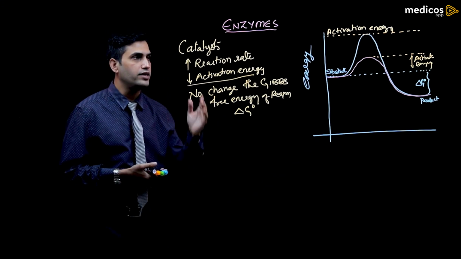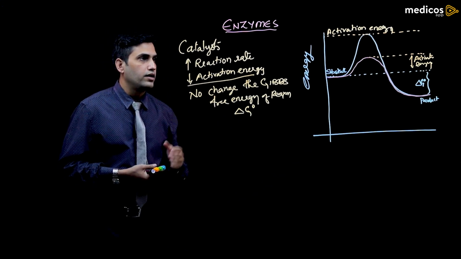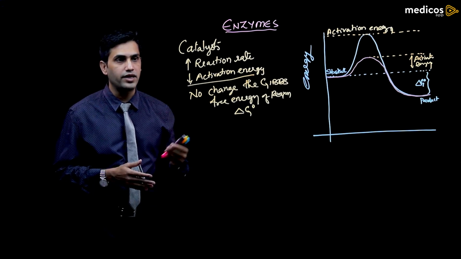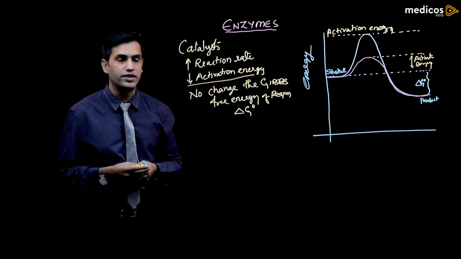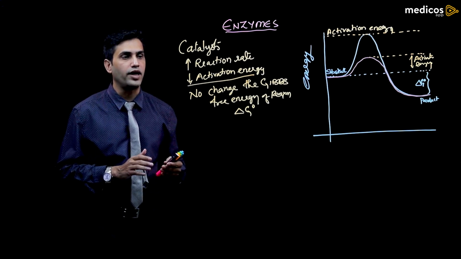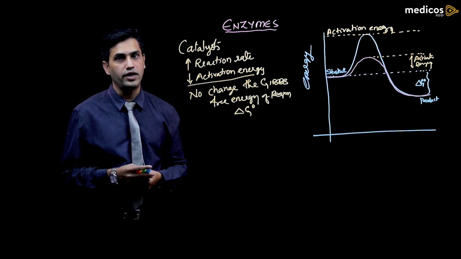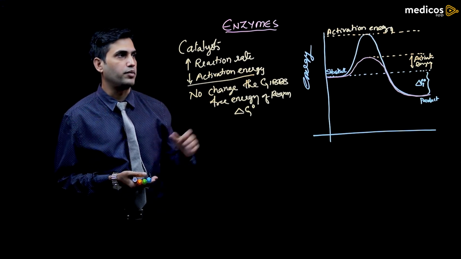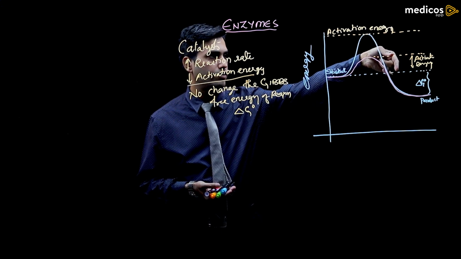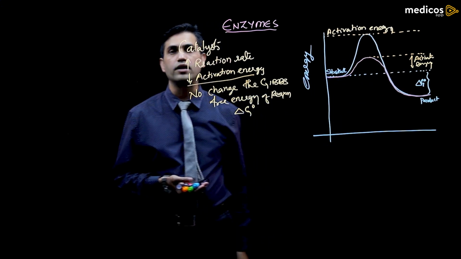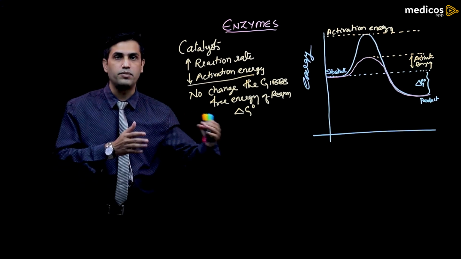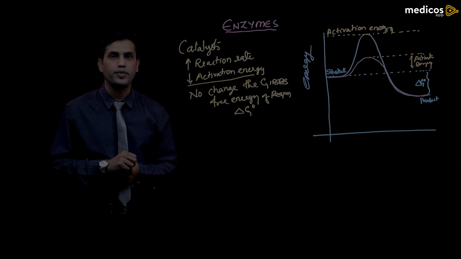That is the thing that enzymes do. They are catalysts, they increase the reaction rate, decrease activation energy, and there is no change in the Gibbs free energy of reaction or delta G0. That is what it means. Decreases activation energy from here to here, but no change in the total energy of the reaction or the energy liberated from the reaction.